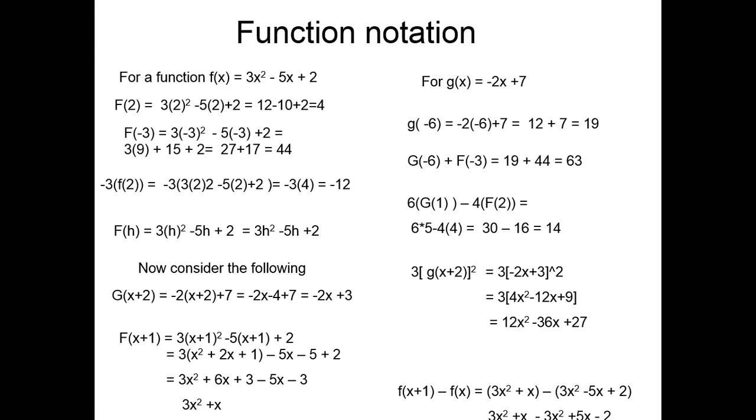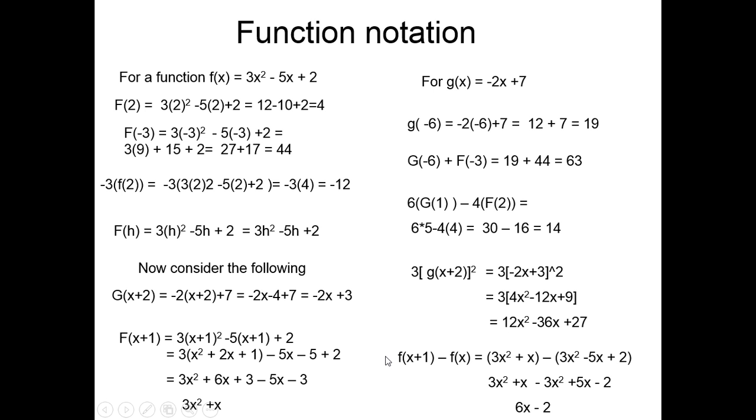And lastly, let's take a look at this one. This is saying what is f of x plus 1 minus f of x. Now it seems we've already done f of x plus 1 over here, or maybe we didn't. So let's go through and do f of x plus 1, which is again going to function f, replacing all x's with x plus 1, and doing the operation that's called for.